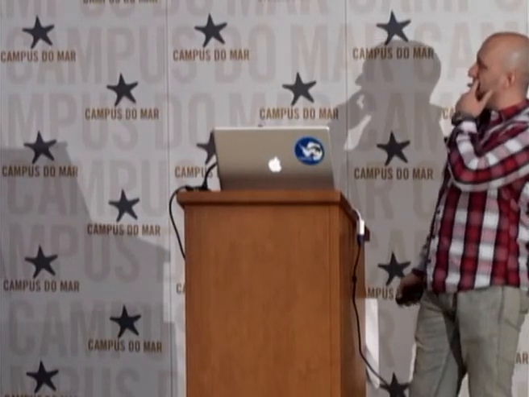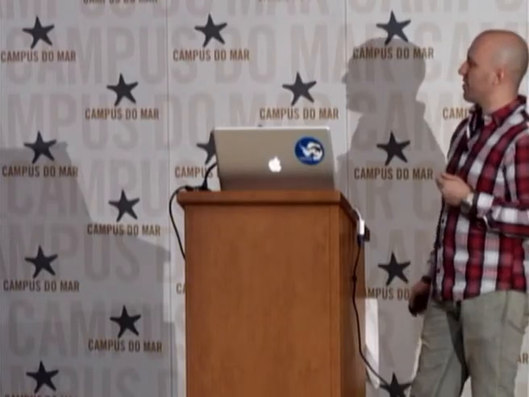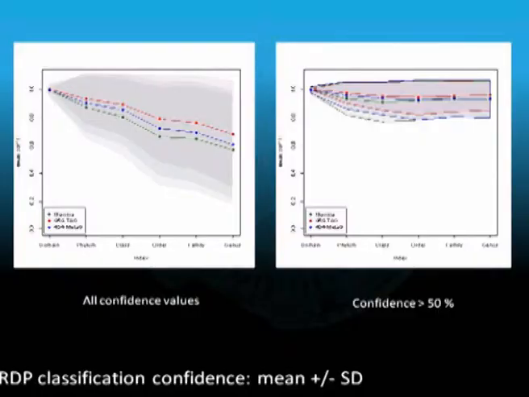So when we got all this data, we started to do comparative analysis. This is a classification with RDP, which is a good classification algorithm. Here we see the mean and the standard deviation of the classification of all reads across different taxonomic ranks.